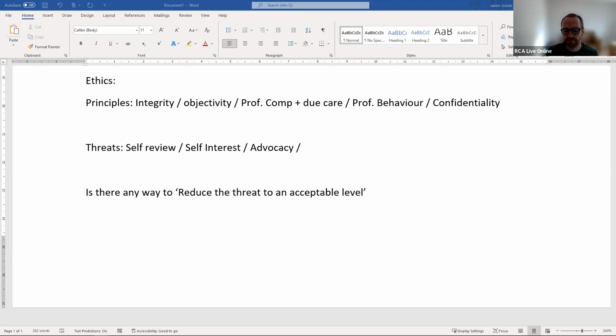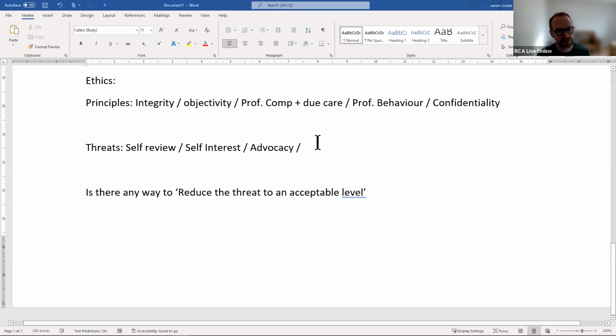Just by being there, people might think, the auditor must think this is a good company to list, so I'm going to invest. It's not necessarily that you are saying anything. It's that you could be seen to be speaking on behalf of the client.